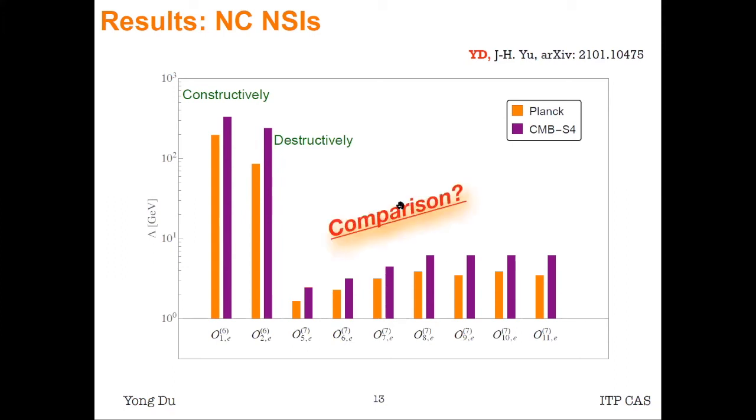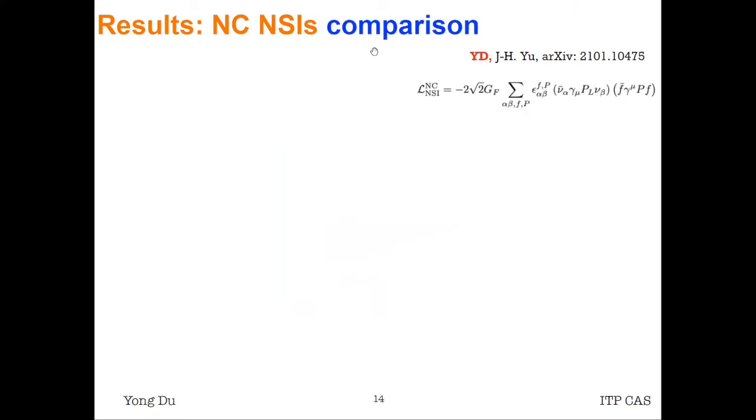Now, as I mentioned earlier, there are lots of experiments looking at these neutral current NSIs. You may already have this question: how would our results compare with previous results on these neutral current NSIs? To make the comparison, we have to first transfer our notation into those usually used in the literature, as shown here.